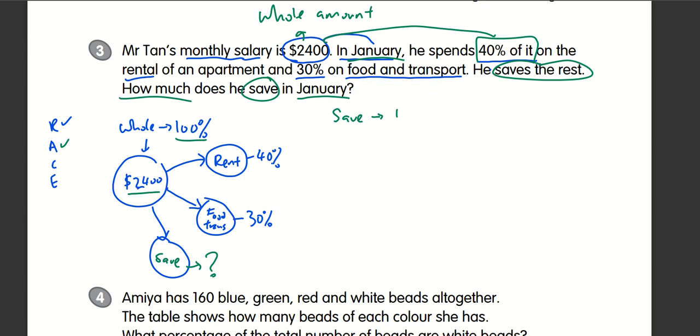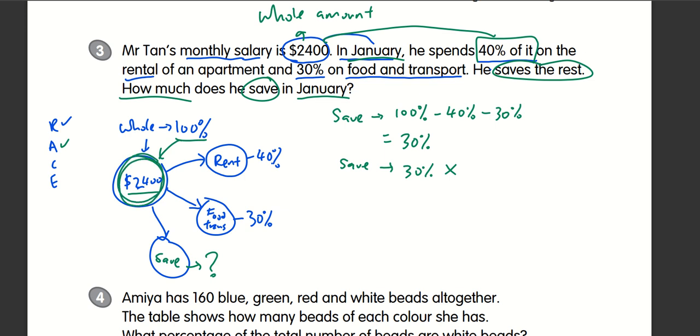That will mean 100%, that's the whole amount, minus the part that's rent, that's 40%, minus the part that's on food and transport, that's 30%, and this will be 30%. So 30% out of the whole amount is being saved, which will mean 30% out of the whole amount, that is here.